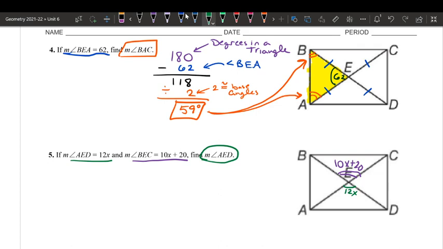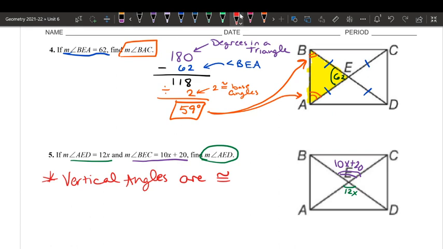How can I solve this problem? What is the relationship with those angles? These are vertical angles. So this is something we've been talking about all year. Vertical angles are congruent.